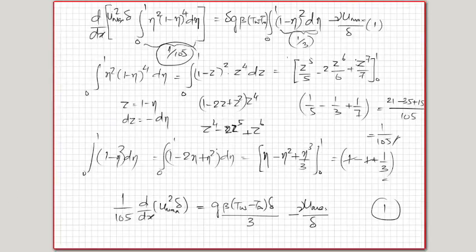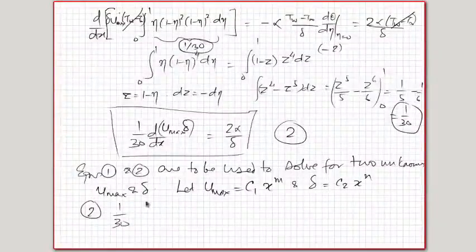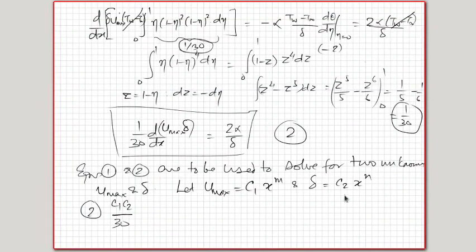Okay, so what I will do, I will substitute, for example, in 2, which is right in front here, so we can do that easily. 1 by 30 multiplied by this U max into delta will be C1 C2 into x to the power of m plus n. Okay, so C1 C2 can come out here, into d by dx of x to the power of m plus n.